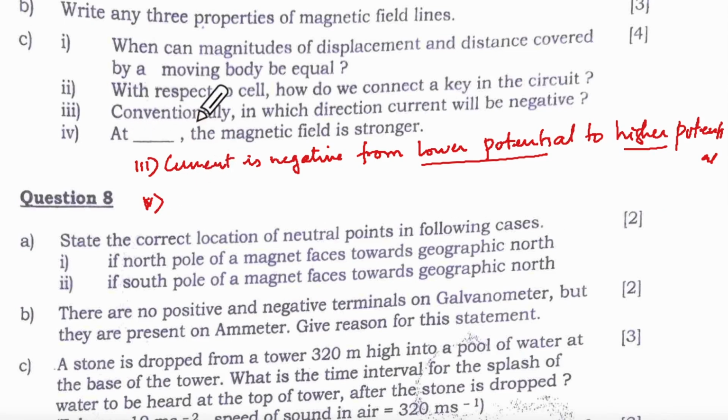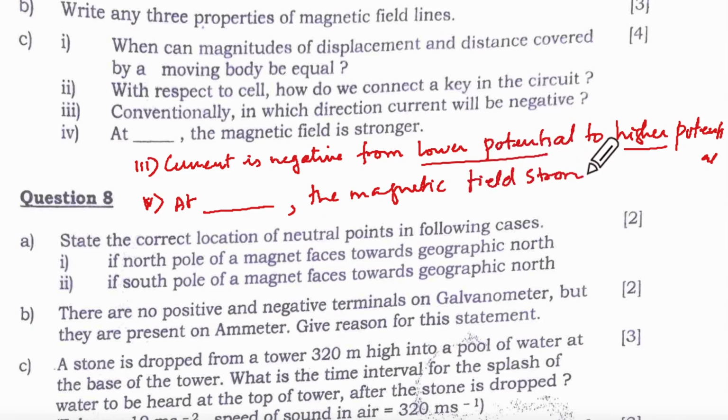At which part is the magnetic field stronger? That means they are talking about the poles or the equator. Now this is a little dubious question because they didn't talk about the Earth's magnetic field.